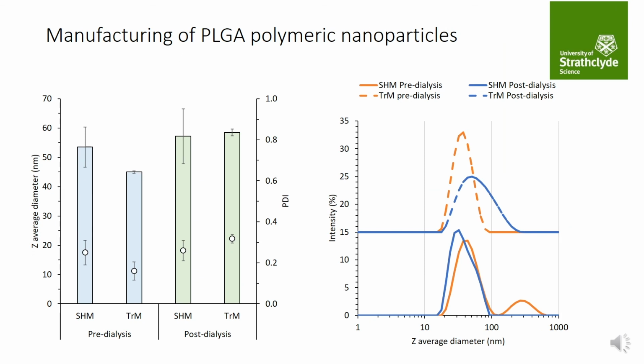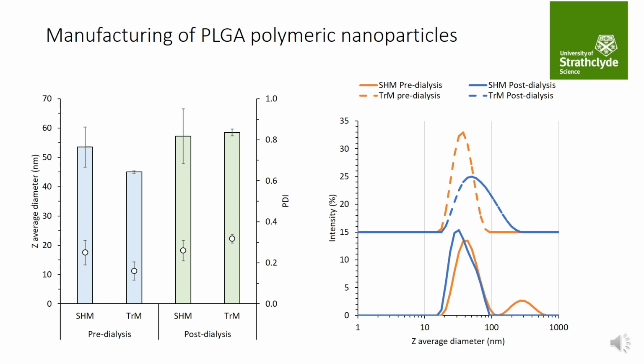We then looked at investigating biodegradable polymers, and in this case we decided to use PLGA, particularly due to its favourable degradation and the possibilities for sustained drug delivery as well. And from the results, much as you would expect, there wasn't really much change at all jumping between the two cartridges.